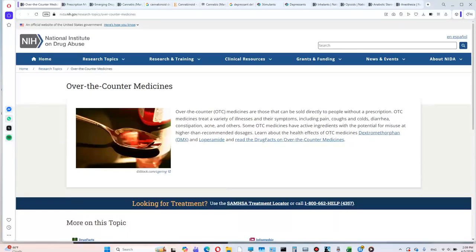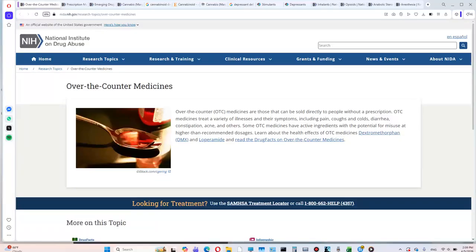Over-the-counter medicines. Over-the-counter, OTC, medicines are those that can be sold directly to people without a prescription. OTC medicines treat a variety of illnesses and their symptoms, including pain, coughs and colds, diarrhea, constipation, acne, and others. Some OTC medicines have active ingredients with the potential for misuse at higher than recommended dosages.